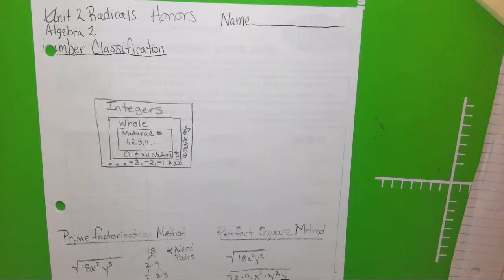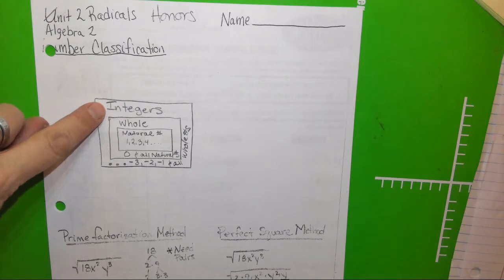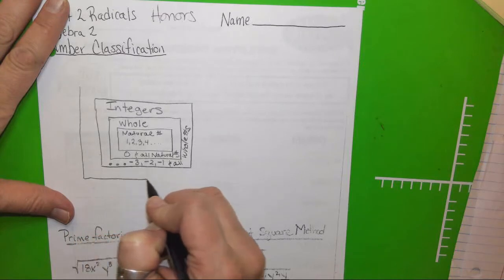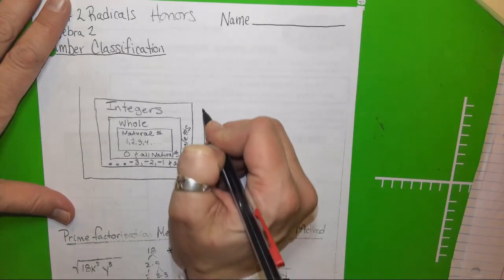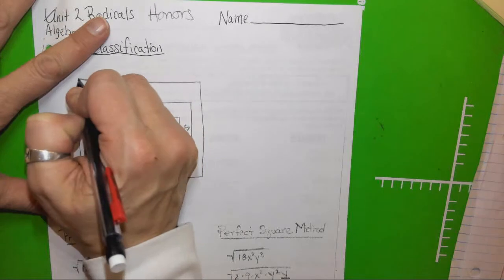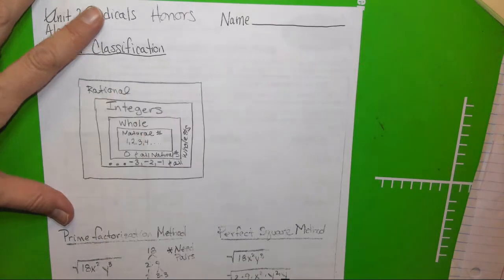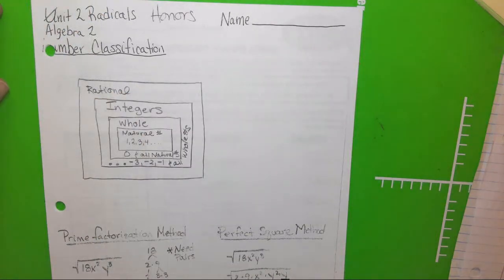Okay, a little bit bigger than integers would be what? We've got irrational, rational, real, and complex left. What do we think? Let's go with rational. Rational numbers are also called the quotient group. What does quotient mean? If we found a quotient, what would we do? Division.